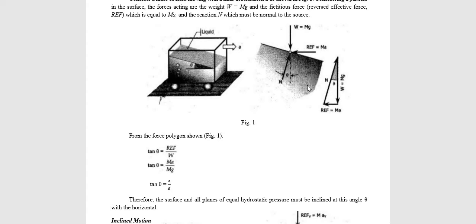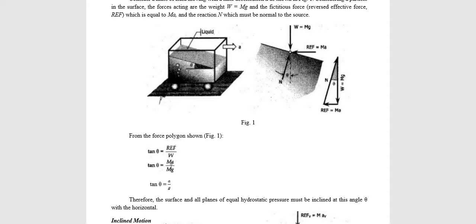As you can see in this right triangle, we have this angle theta, and kung kukunin natin yung trigonometric function in terms of tangent, tangent theta is equal to REF over weight. TOA, opposite over adjacent. Opposite is equal to REF or the reversed effective force, then yung adjacent ng theta is the weight.